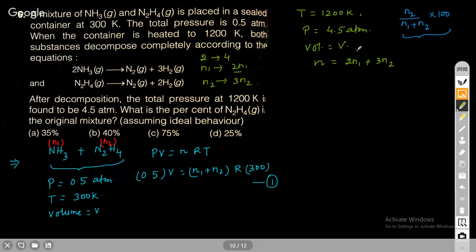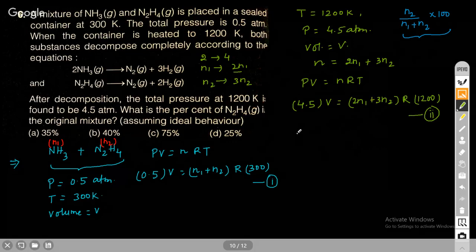So now coming back to this, we can again apply PV equals nRT for the second case when we have heated this. So pressure is 4.5, volume is V, number of moles is 2N1 plus 3N2, R will be as it is, and temperature is 1200 Kelvin. This is equation 2. Now we'll take the ratio of these two so that everything will get cancelled.